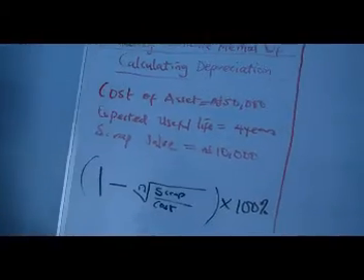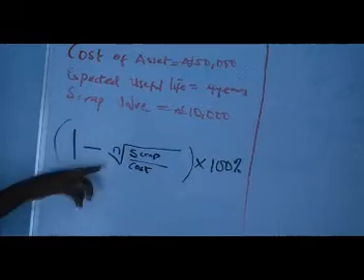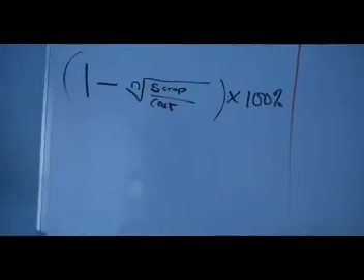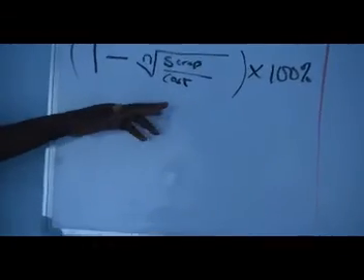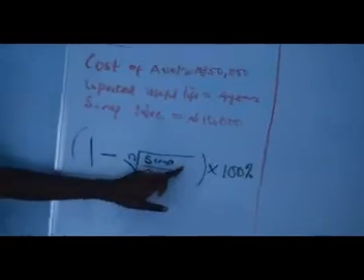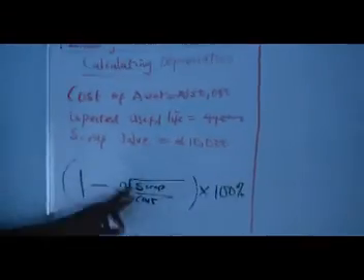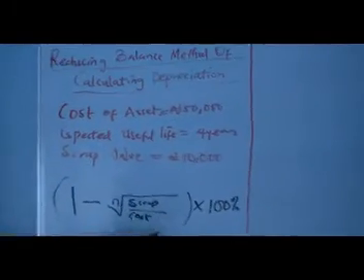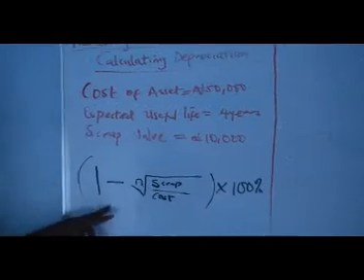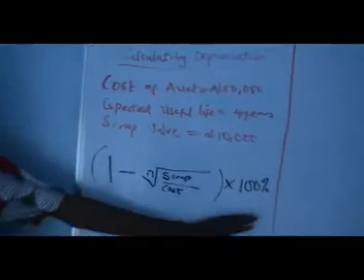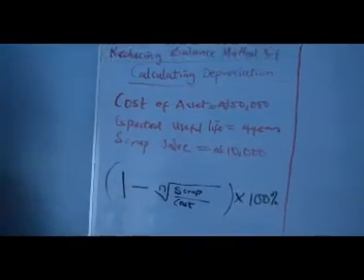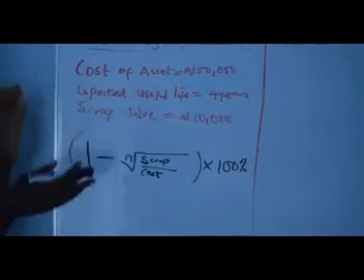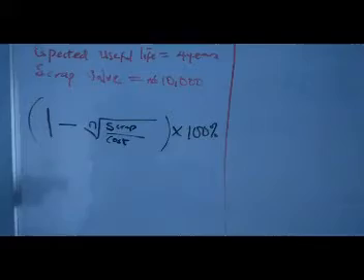That means the nth root, where n is your number of years, of your scrap value divided by your cost. Meaning after we have calculated our scrap value divided by cost, we'll be taking the number of years as a root, okay? That's the nth root of your answer. Then you'll be subtracting this from 1 and then multiplying your answer by 100%. That's why I said it's a bit tricky to get a percentage, because we'll be working with percentage, okay?